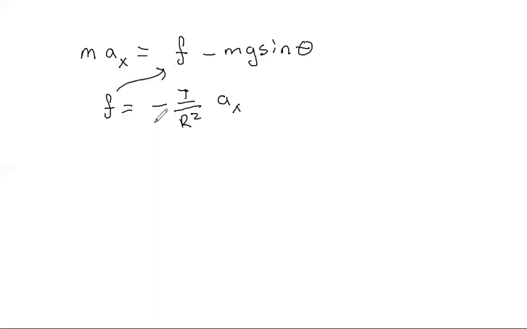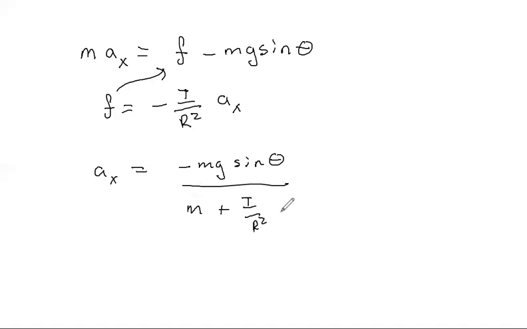So substituting this in and regrouping, I get the acceleration in the x direction equals minus mg sine theta divided by m plus I over r squared.